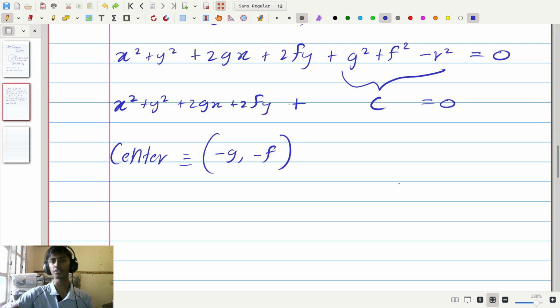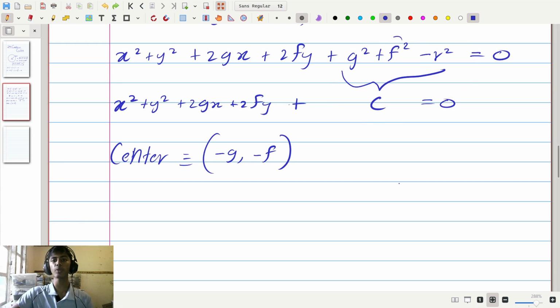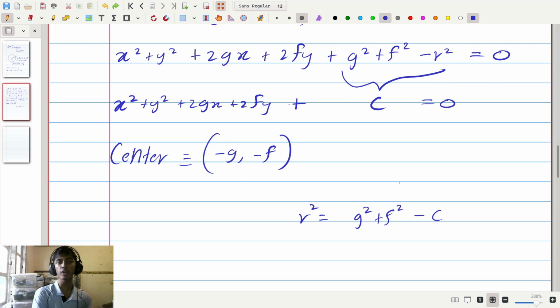How about the radius? Well, to get the radius, we can use this equation here. We know that g squared plus f squared minus r squared is equal to the constant c. Rearranging this equation, we can see that g squared plus f squared minus c would be equal to r squared. All I've done here is written this down as c equals g squared plus f squared minus r squared, and then rearranged the r squared and the c.